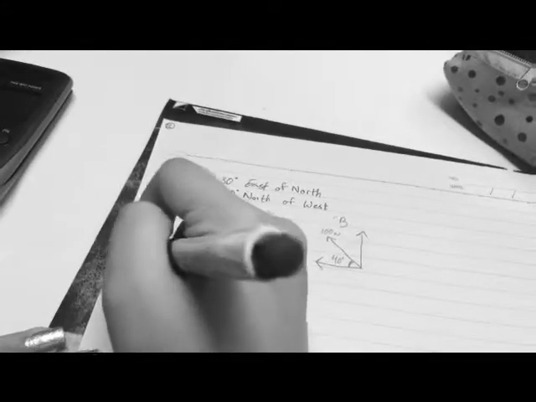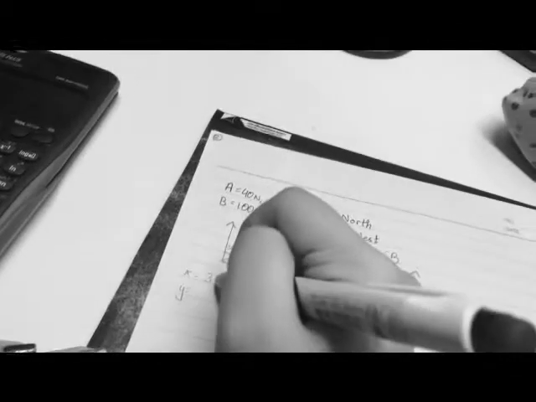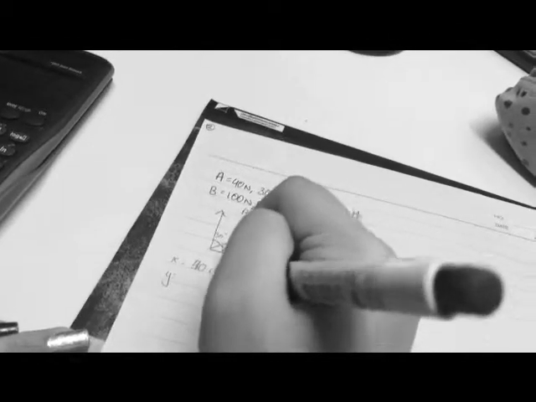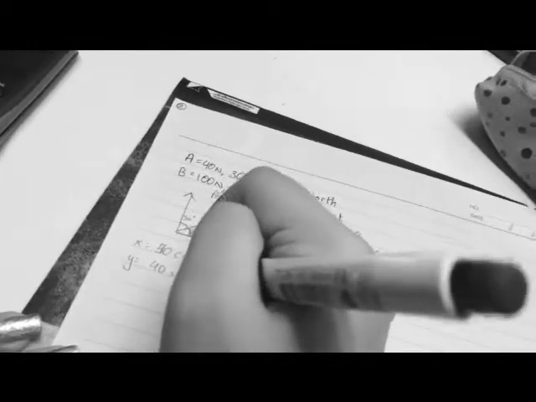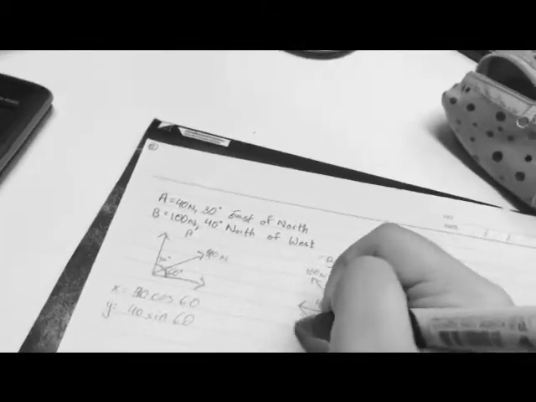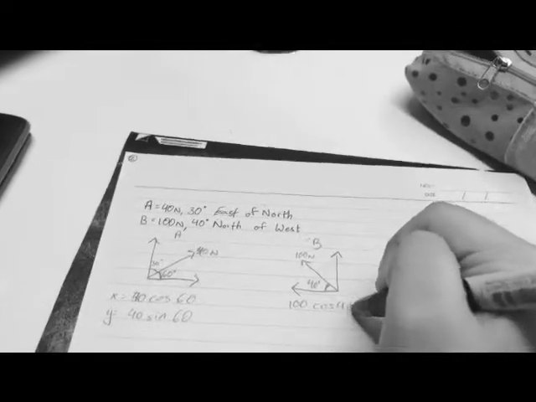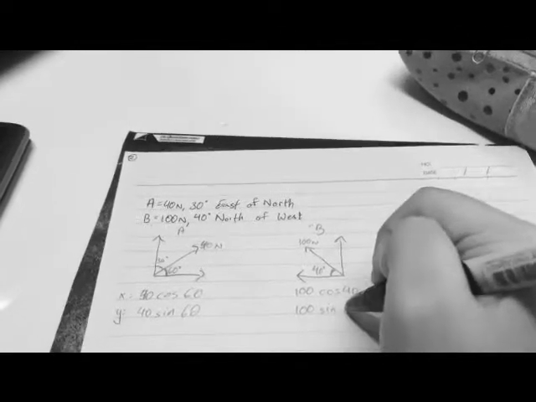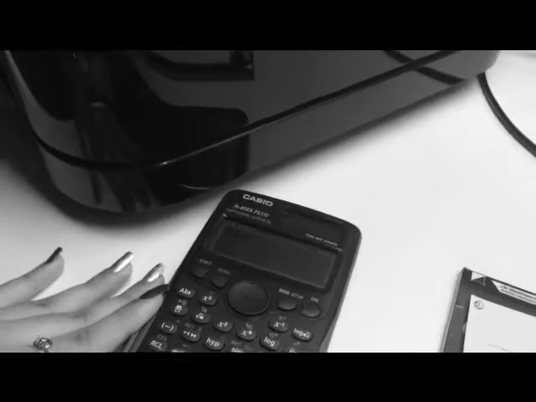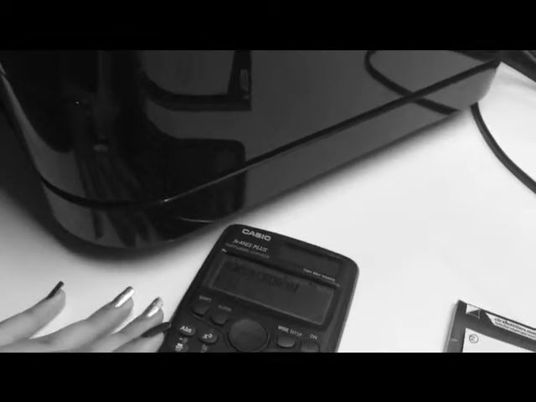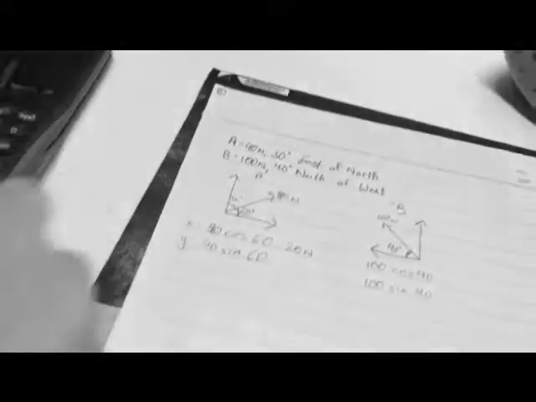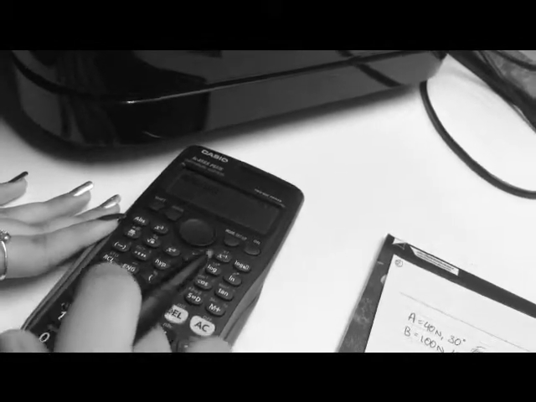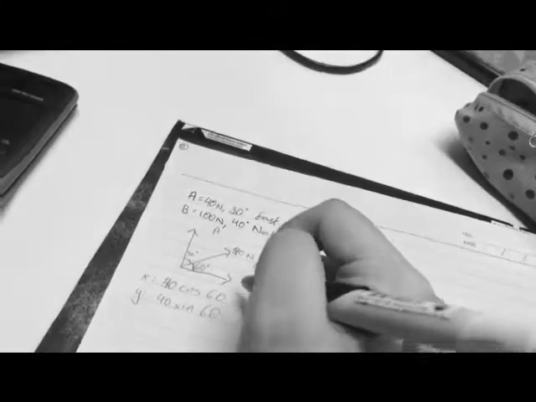Again, north of west. Again, I break down the horizontal and vertical components. So it is 40 cos 60 and 40 sine 60. And this is 100 cos 40 and 100 sine 40, which gives me a final answer of 20 newtons and 35 newtons.